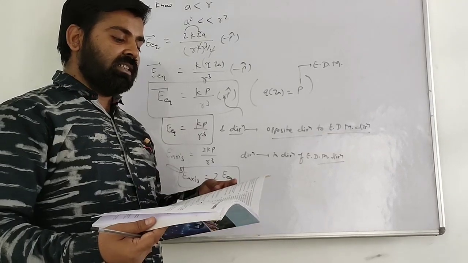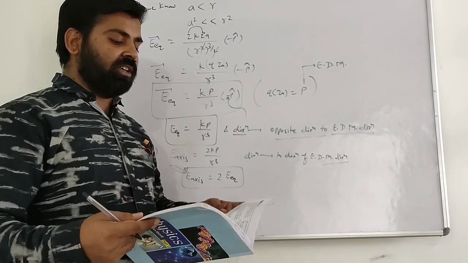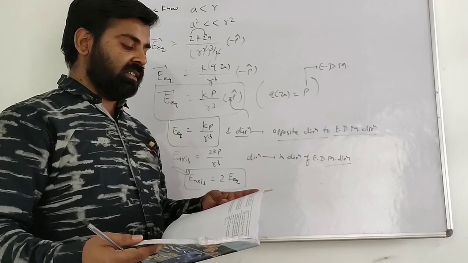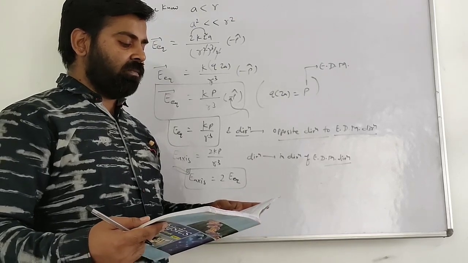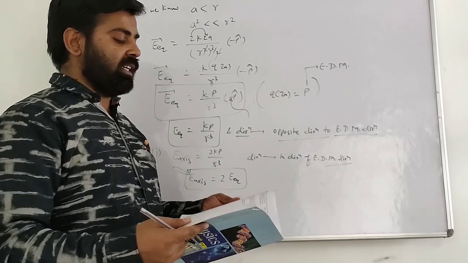You can solve a numerical question in your numerical part, question number 13. The 13th question is based on both the axial line and the equatorial line.